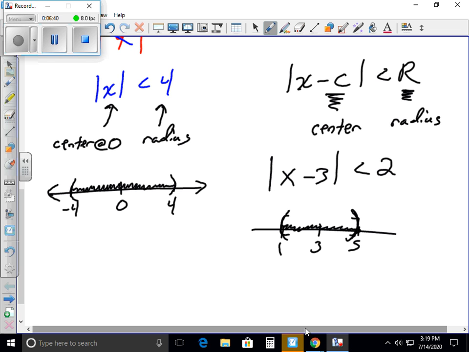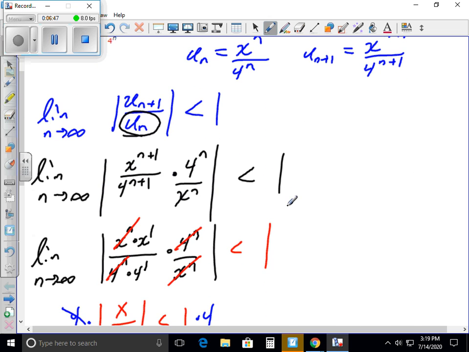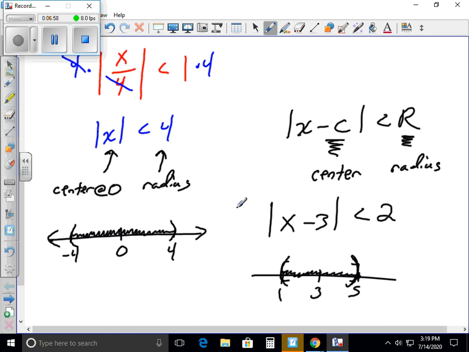Now, if we went back and looked at how the ratio test worked, it converges if the ratio is less than 1. It diverges if the ratio is greater than 1, but if it equals 1, then we don't know exactly what it does. The boundaries here are where we would be equal.